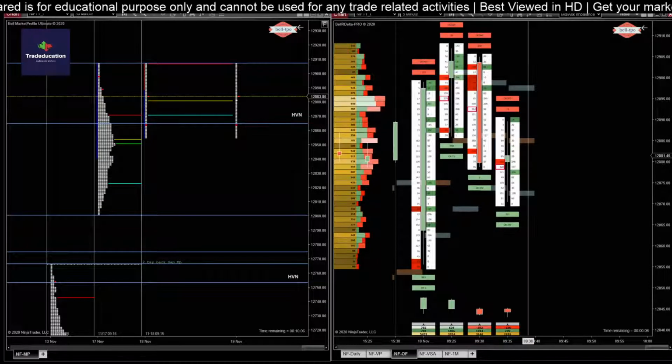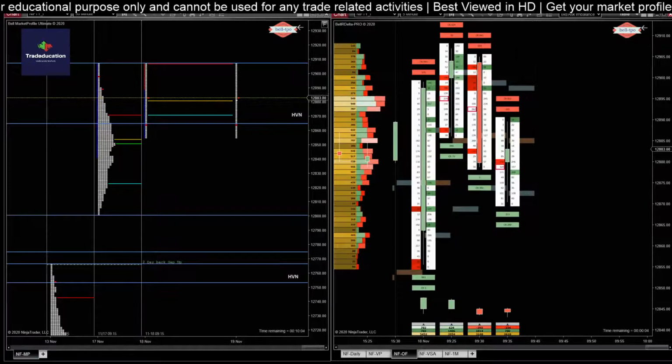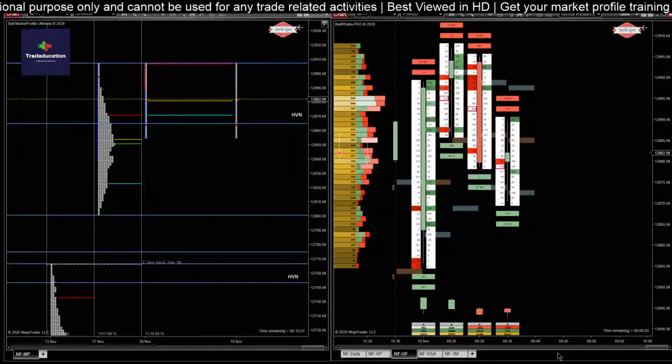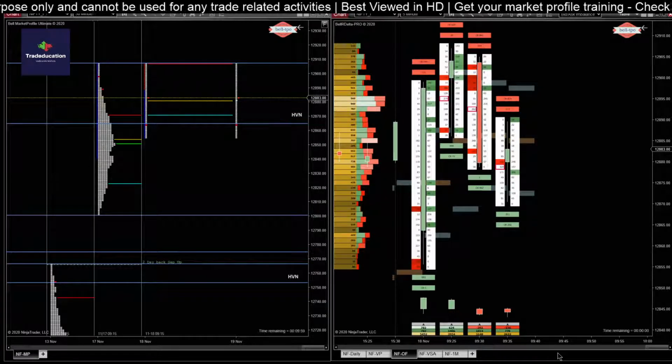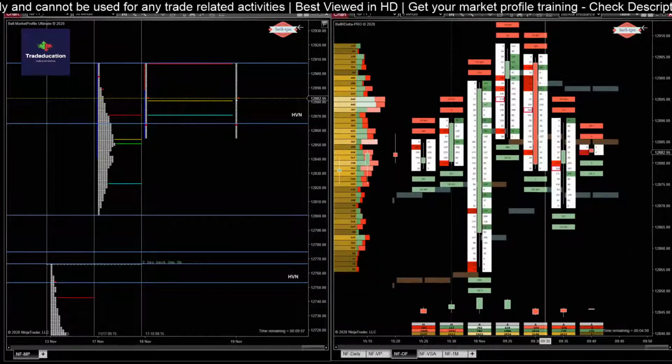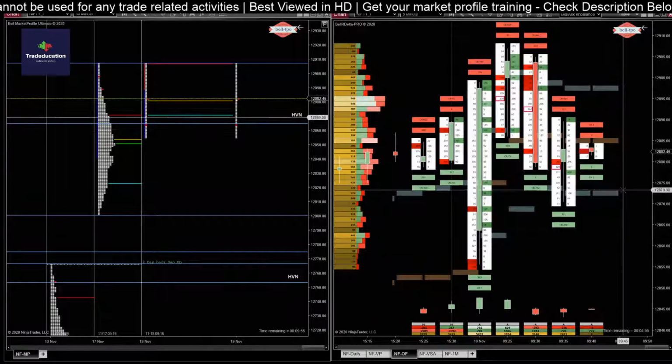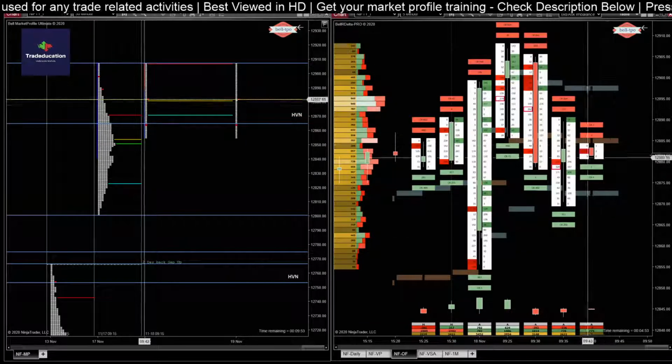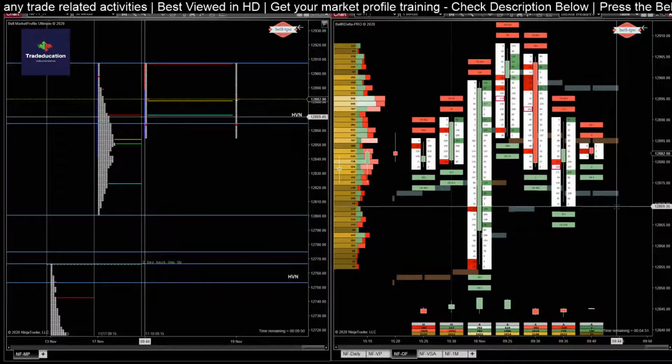Again, it is trying to tag VWAP, seeing rejection. Okay, so we should see continuation from sellers.